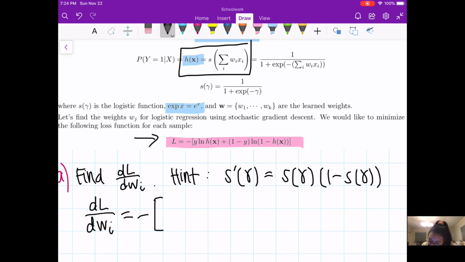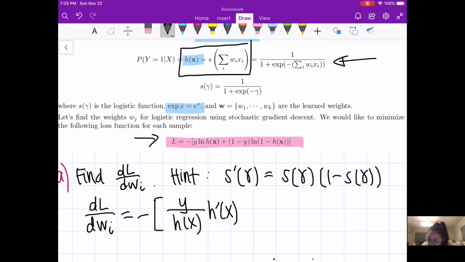So just by chain rule, we have y, like a constant, over h of x, because that's the derivative of the natural log, and then we multiply by h prime of x. I'm going to keep it as this variable because I don't want to directly write out the derivative for this portion yet.